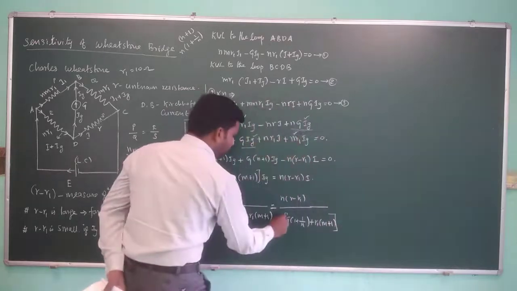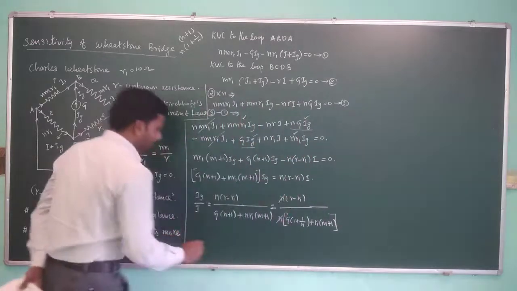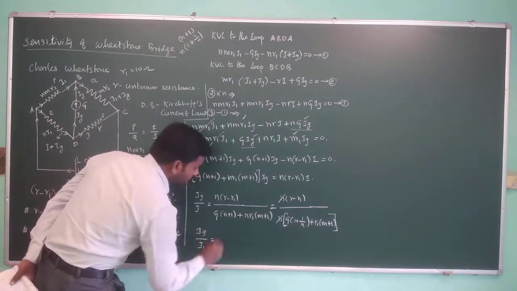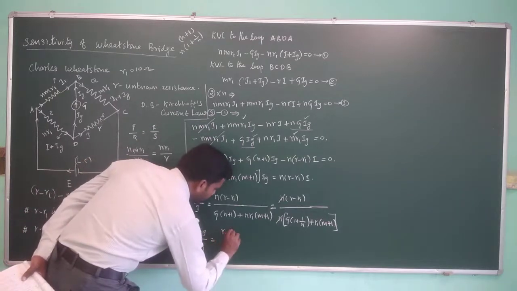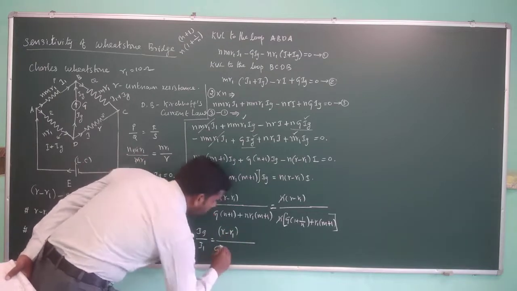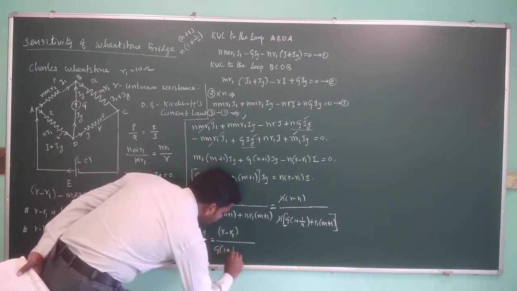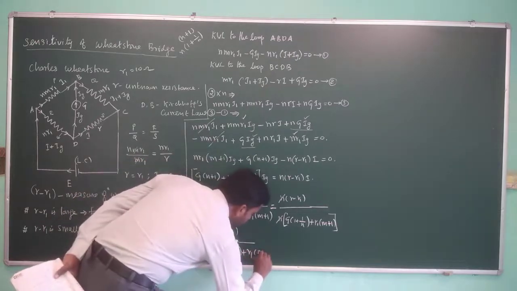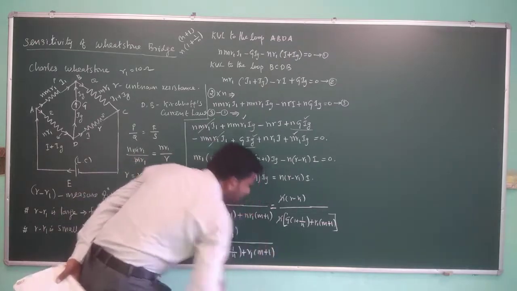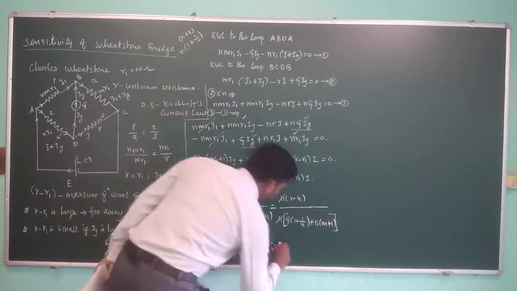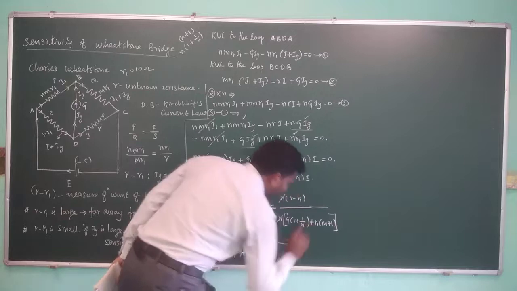Okay, now this and this will cancel out, so we have the expression for Ig by I, that is equal to (r minus r1) divided by G times (1 plus 1 by n) plus r1 (m plus 1). So this we can write as equation number 4.